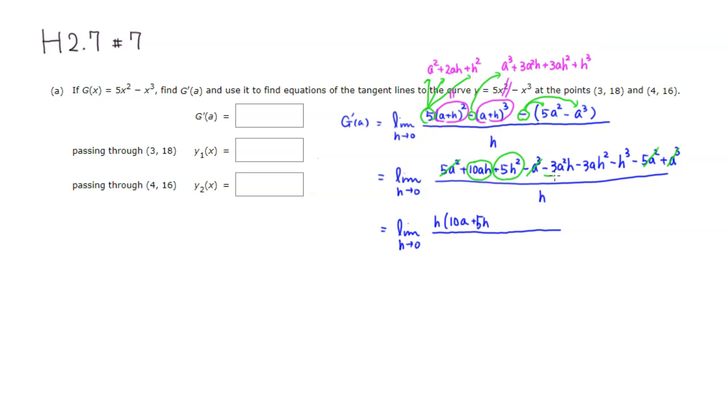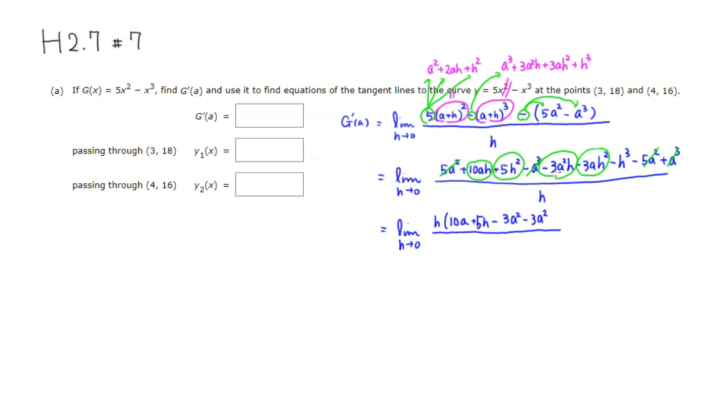And here, if you pull h out, you have a negative 3a squared.